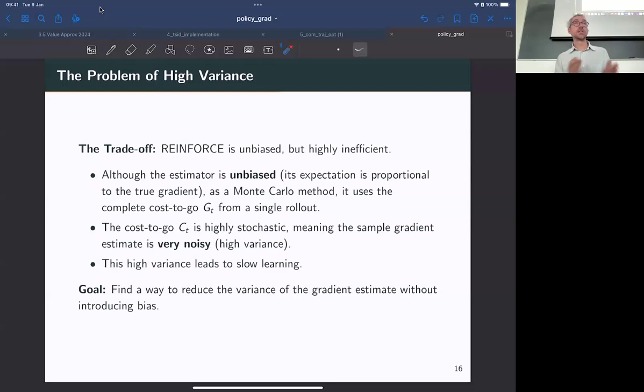And so the gradient estimate that you get is very noisy, which is going to result in slow convergence, slow learning. So it's inefficient. It takes a long time to learn. And it's very noisy in its convergence. So ideally, as we did for Monte Carlo, we're going to try to find an alternative which reduces the variance.